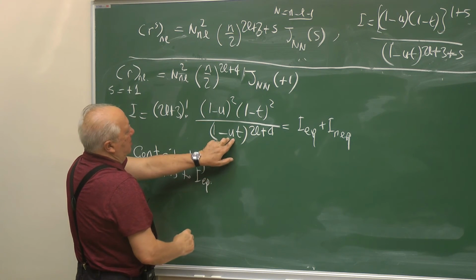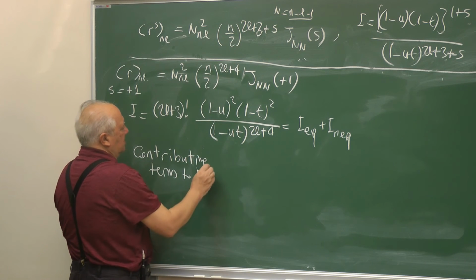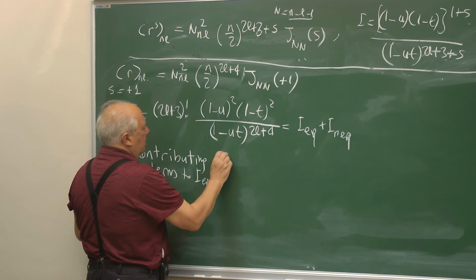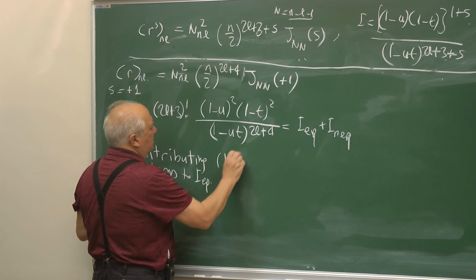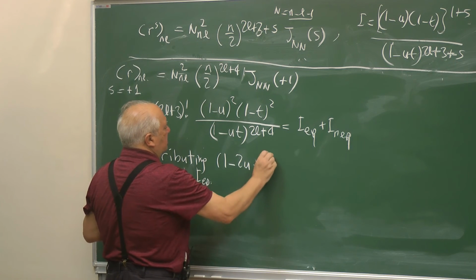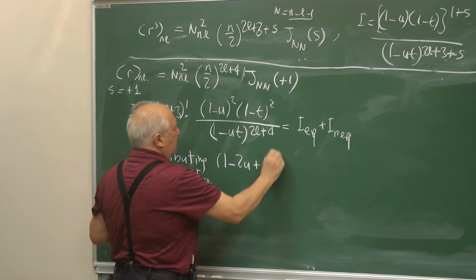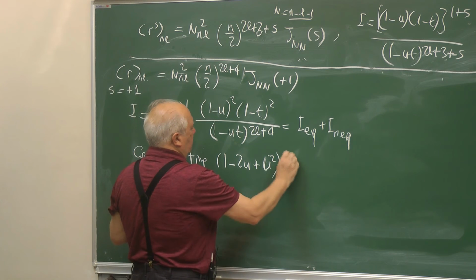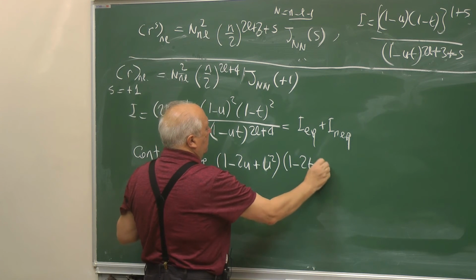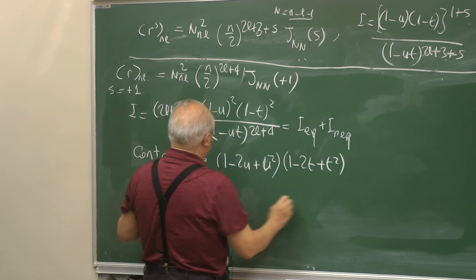This is equal powers anyway, but let's pick: so it is 1 minus 2u plus u squared times 1 minus 2t plus t squared.